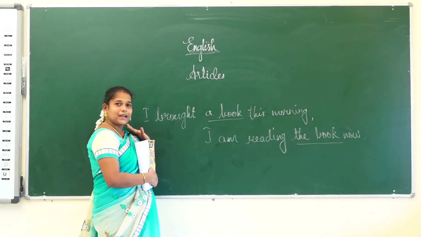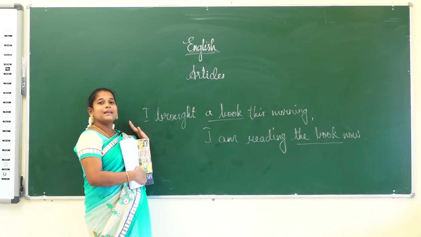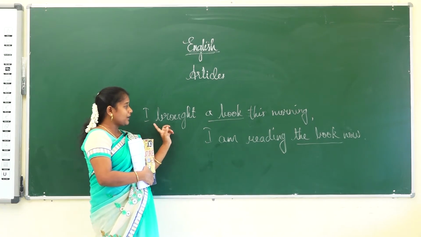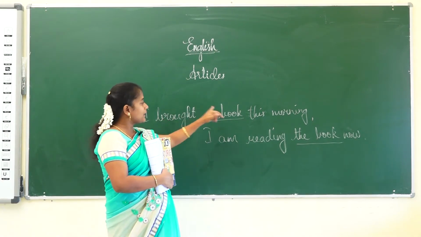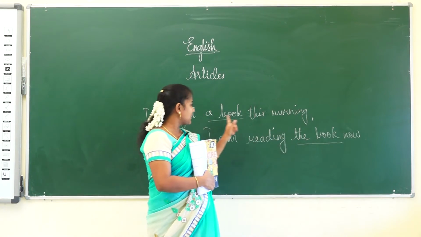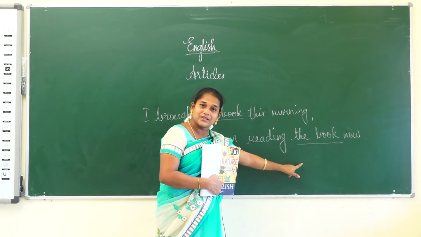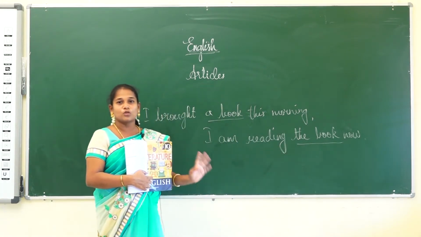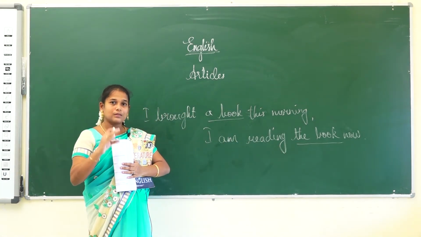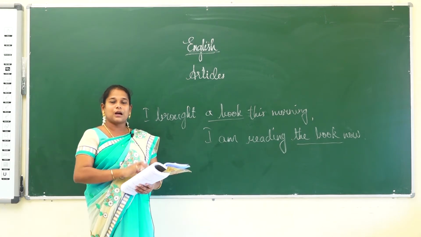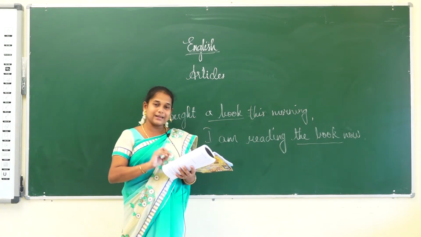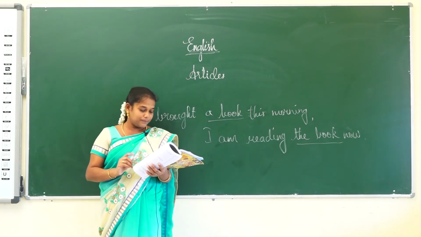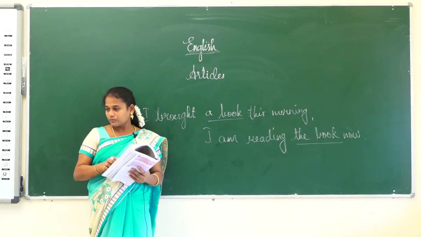Because, as I already told you, the is a definite article and it represents the particular book which we had brought. I bought a book. So, again it represents the particular book, defining the book which he bought. That is why we use the book. So, you have to know the difference. While talking about the particular thing again, we should use the definite article the. If you mention the book for the second time, then we have to use the. Okay. I think you have understood.